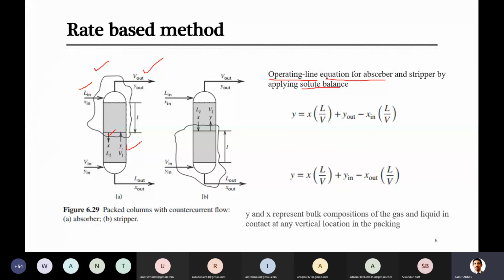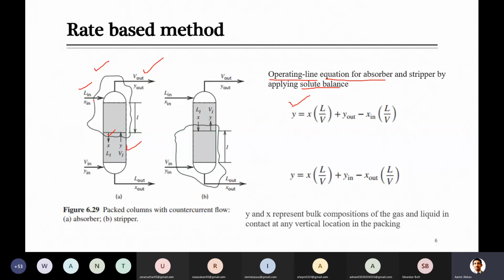So we have to get the value of y, so you will just divide all of the terms by this V L, and at the same time you will rearrange in such a way that y is on the other side. Kindly, this is simple two-step math: just write the complete equation and rearrange it. Yes, the thing here is the replacement of these liquid and vapor flow rates with simple L and V. The assumption here is that the concentration of solute inside the liquid is very small, that is, very dilute.